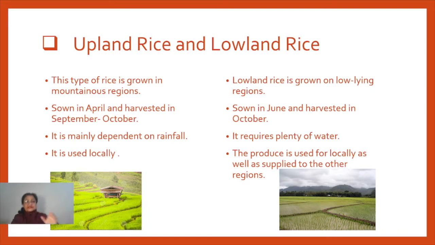That is the season for upland rice, which is grown on mountainous regions, or the slopes of mountains. Clear? And the other one, lowland rice, is sown at the end of May, or you can say June, and it is harvested in October. So this is the difference between upland and lowland rice.